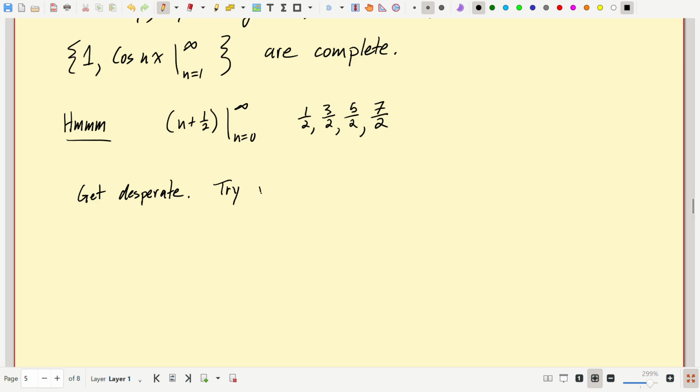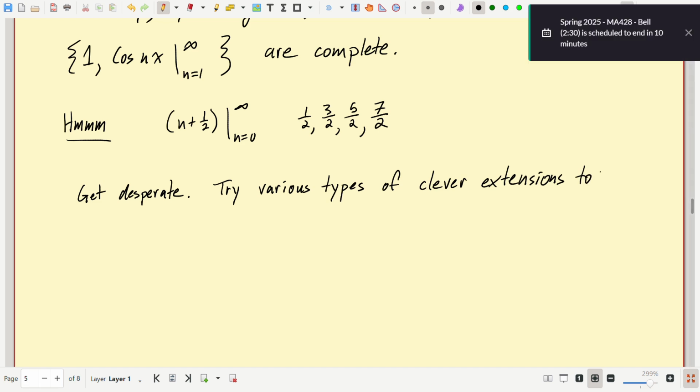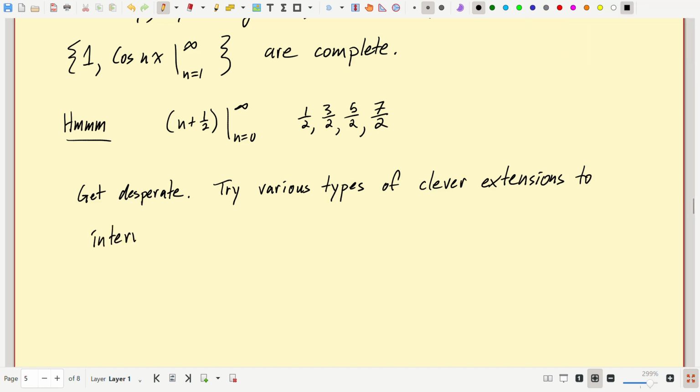Try various types of clever extensions to intervals to make certain terms in the Fourier series cut out.